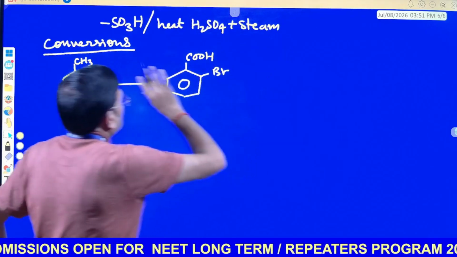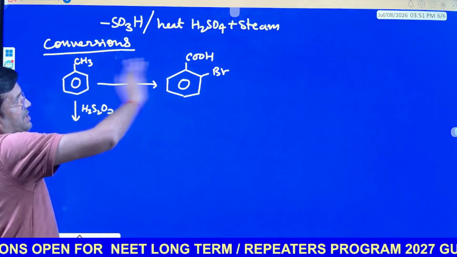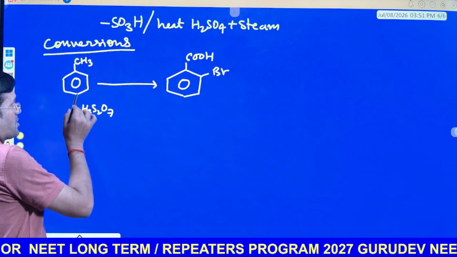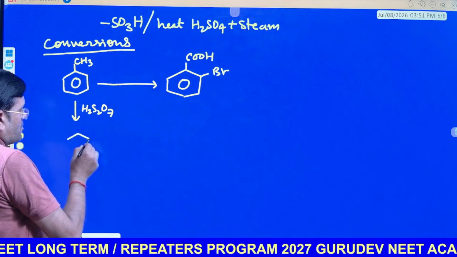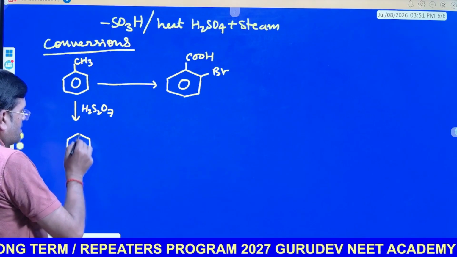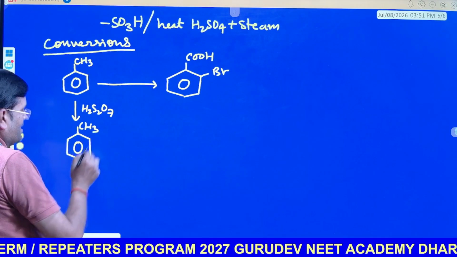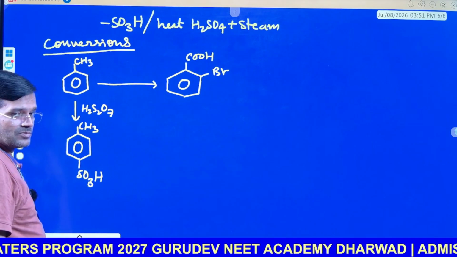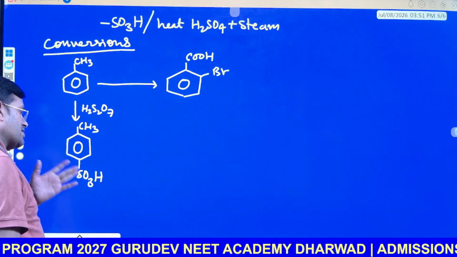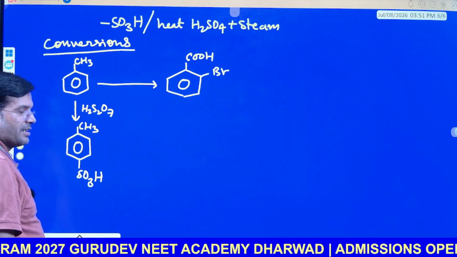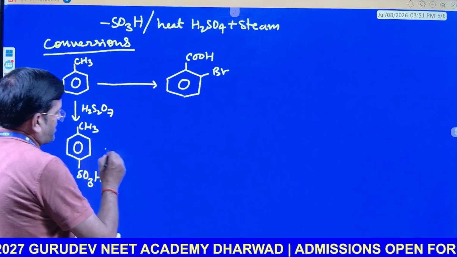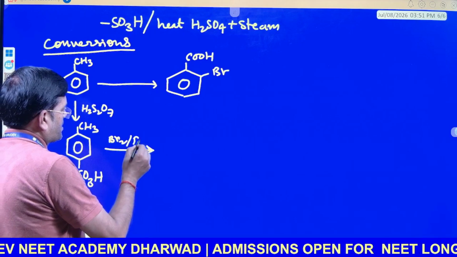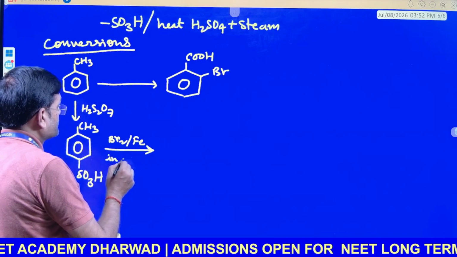So it will leave the site also. So first we are just introducing it to block this para position. So what happens here, just see, this is CH3 and SO3H here. Now it has become di-substituted. Now do the bromination, electrophilic substitution, bromination in the presence of Fe in dark.